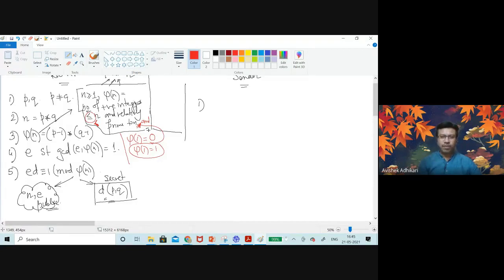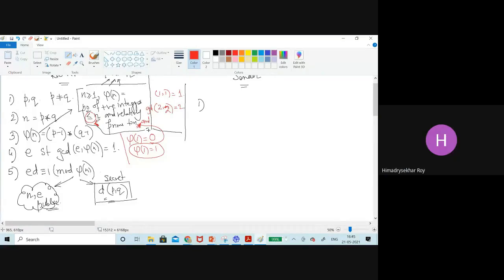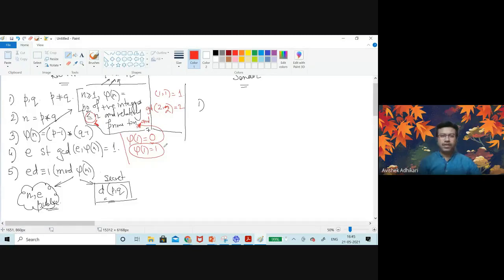So 1 and 1 are relatively prime, but nobody else. Say if you consider 2 and 2, GCD of 2 and 2 is 2. That's why, if it is less than or equal to, then it will certainly include this as well. That's why you don't need to put another definition for phi of 1. That's why it's a more compact form.